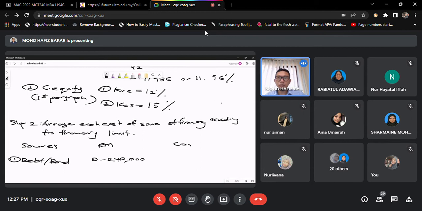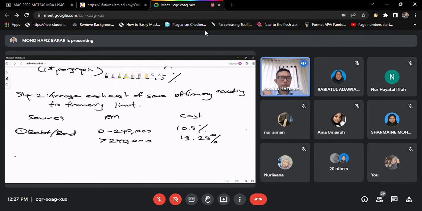So this is the cost. We have to construct the table. 0 to 240,000, the cost will be 10.5%. More than 240,000, the cost will reach 13.25%. Okay, so this is debt or bond.